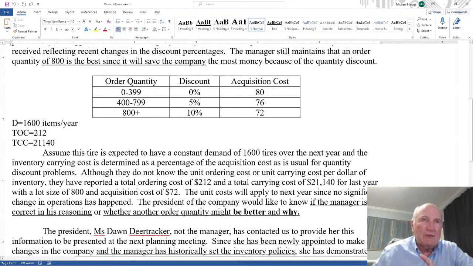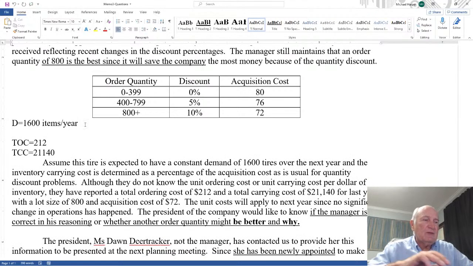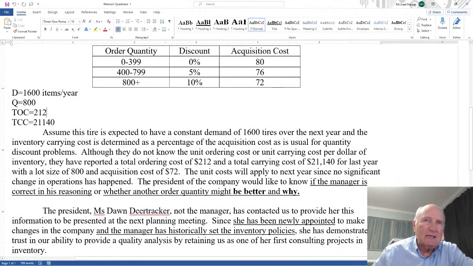Well, we do know one more thing. We know that the lot size was 800. So from this 800, with that demand, we know that these are the total costs. So if we want to analyze whether he is correct in his reasoning, then we would probably want to know the ordering cost, the carrying cost, and the total inventory cost.